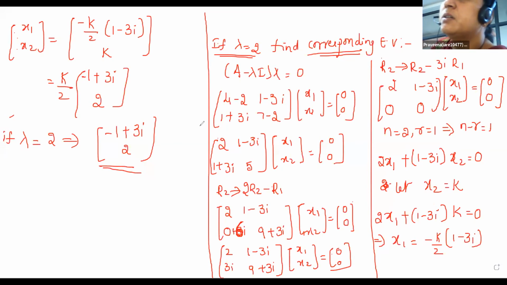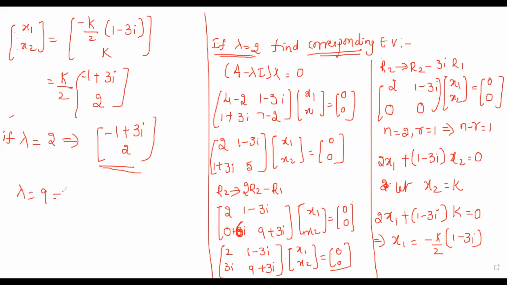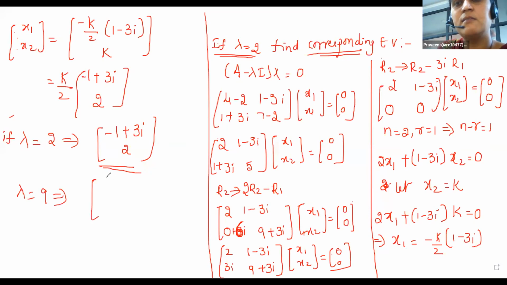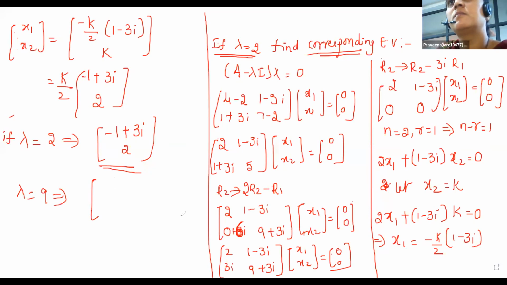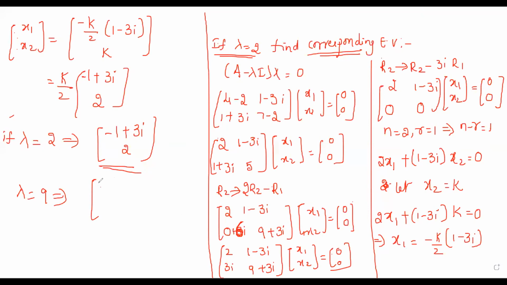Second case finished. Tell me the answer for that. If lambda is 9, 1 minus 3i, 5. Tell me the answer, eigenvector. 1 minus 3i, 5.